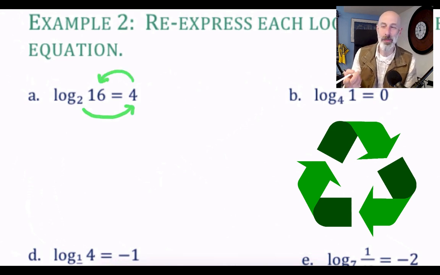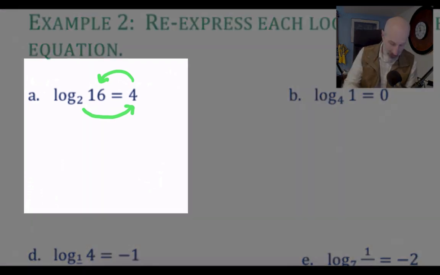Now, I know it's not a perfect recycle symbol, but it gets the point across. It's that circular idea, or in this case, triangular. But I can write that out as the base 2 raised to the 4th power is equal to 16.